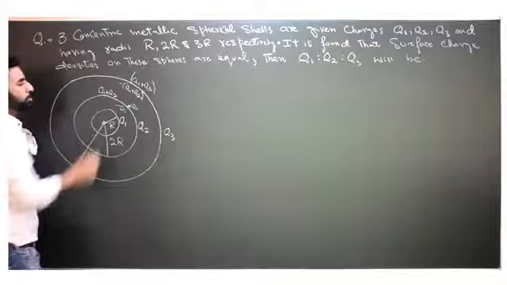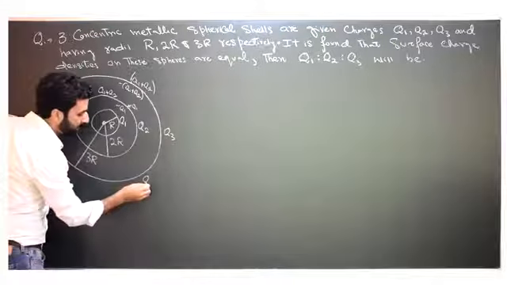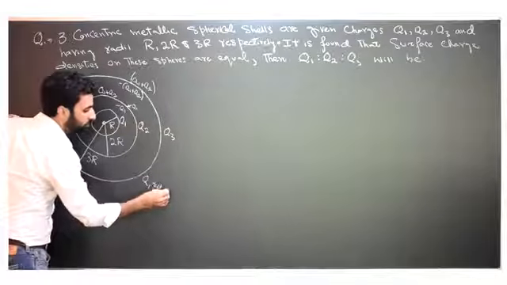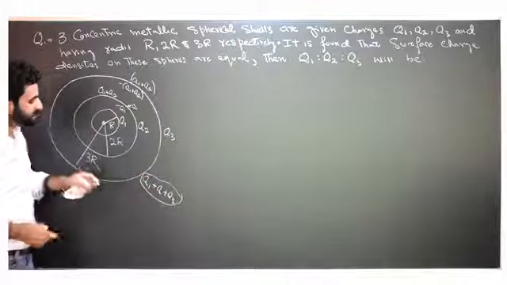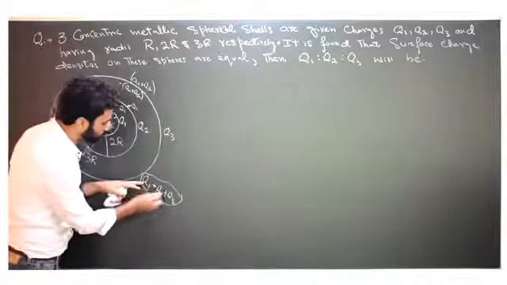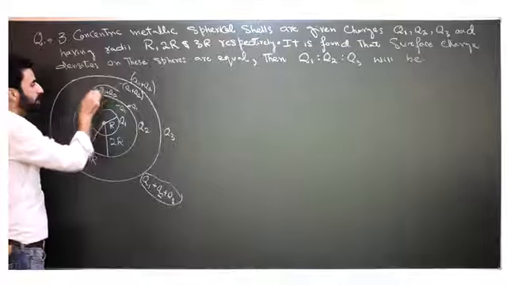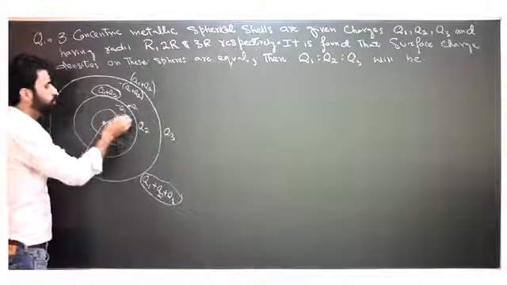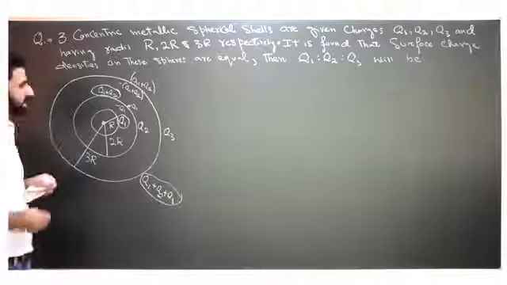So the total charge on the outer side of the third shell is q1 plus q2, and the original charge is also q3. The total charge on the third spherical shell is q1 plus q2 plus q3. The total charge on the second shell is q1 plus q2, and the total charge on shell 1 is q1. This is the preliminary concept which you have to understand before proceeding further.